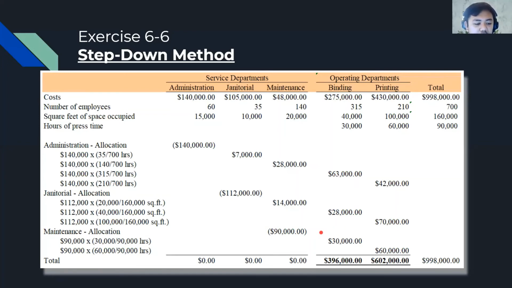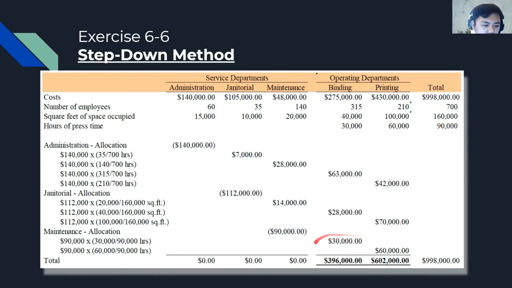And now this is the last allocation as stated in the problem, where the basis would be the hours of press time. So the 90,000 total cost multiplied by the 30,000 allocated hours of press time for the binding department over the total number of hours of 90,000 is equal to $30,000.